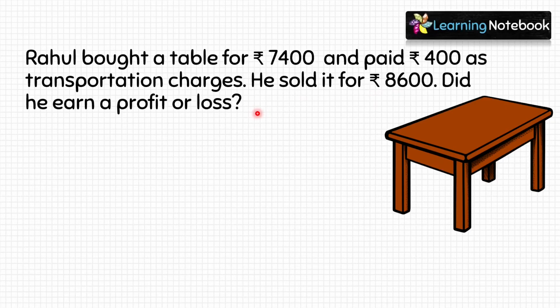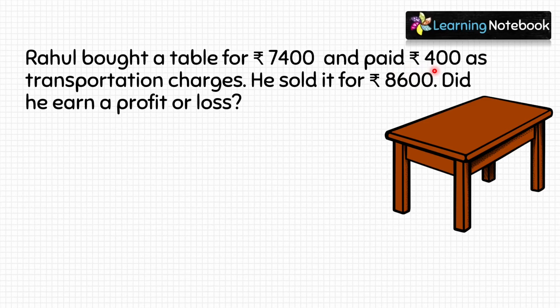First, let's understand this word problem. Here we are given with the cost price of the table, which is 7,400. Then the selling price is given as 8,600. And there is one more information given to us, transportation charges, which are rupees 400.